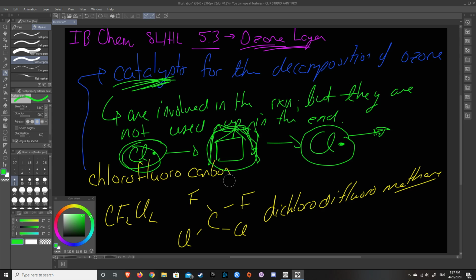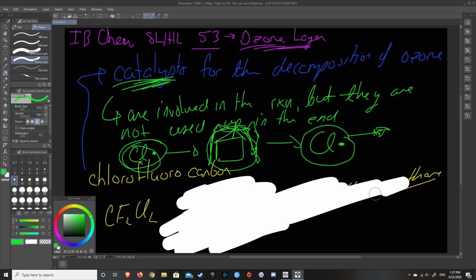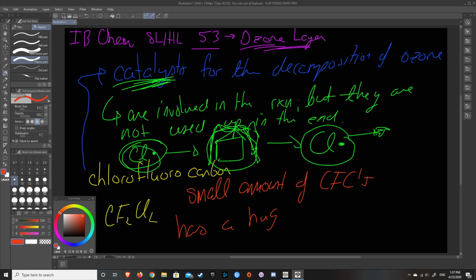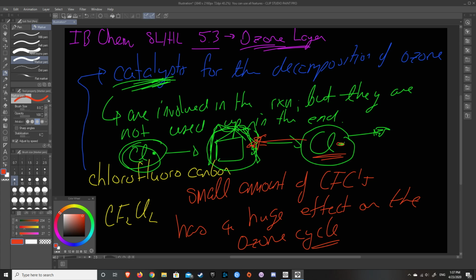So this is why a small amount of CFCs in the stratosphere has a huge effect on the ozone cycle, because they're regenerated every single time it goes through and destroys a process. It gets regenerated at the end, and then it says, okay, well, let's go screw up another process. Let's go mess up this O3. I don't like how he looks, right?